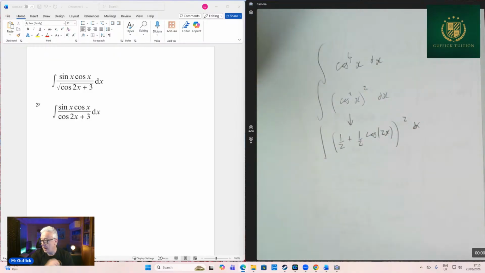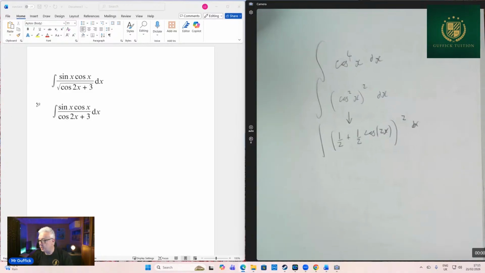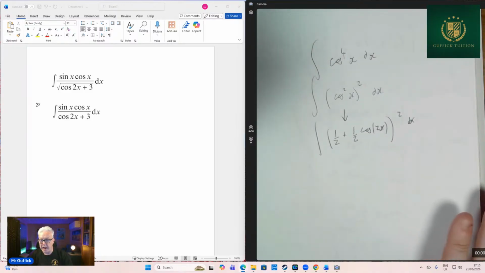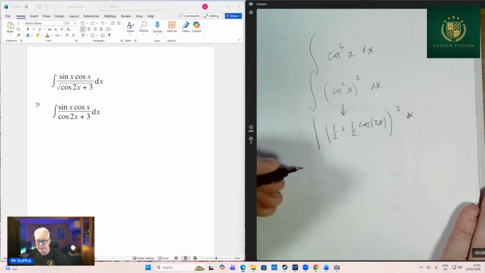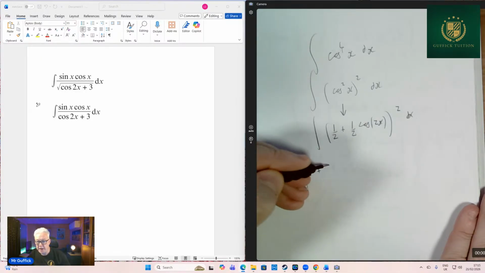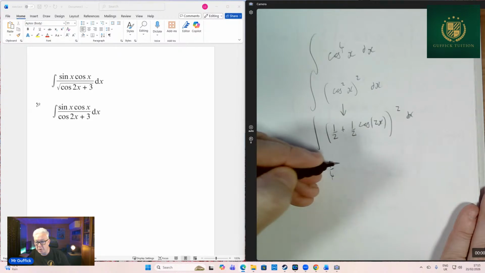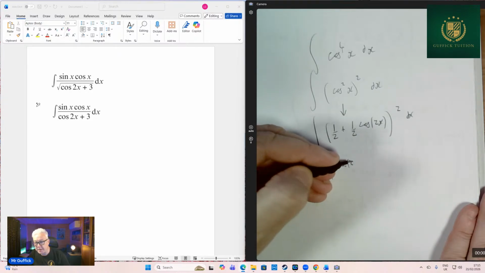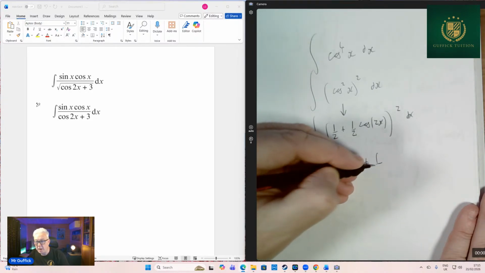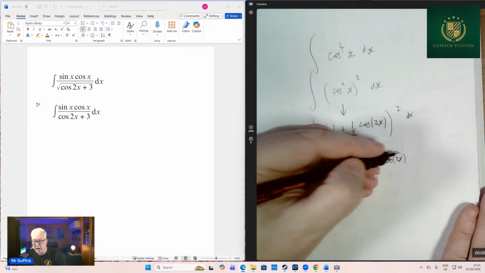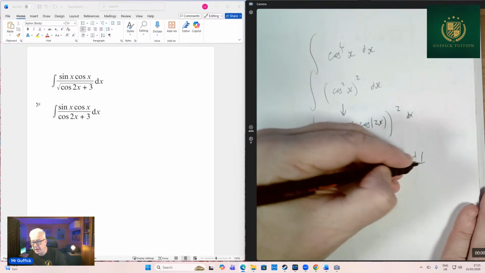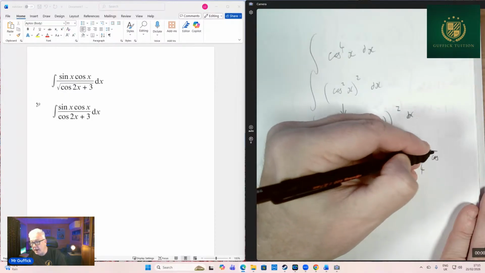And then you basically expand that whole thing. Let's expand this bracket now. A half times a half is a quarter. Then we're going to have another quarter cos 2x and another quarter cos 2x. And finally, a quarter cos squared 2x.